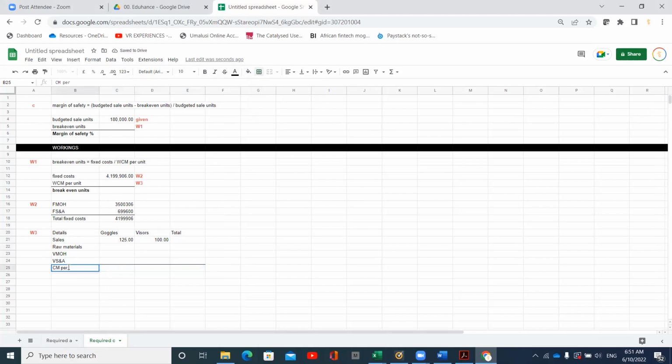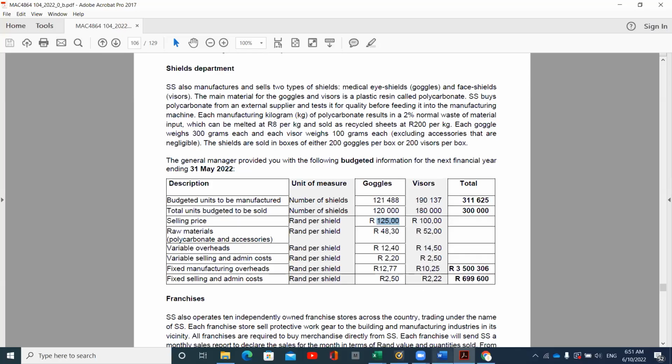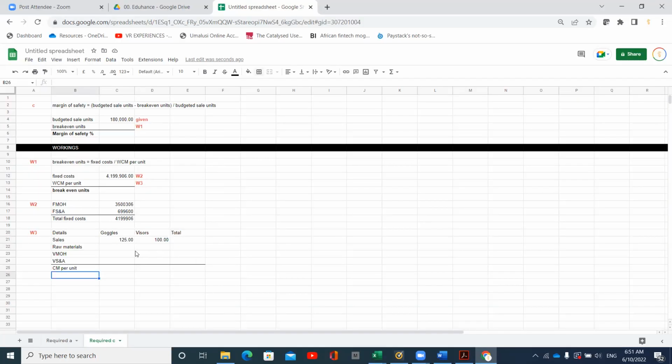Contribution margin per unit. Raw materials are 48.30 and 52, so minus 48.30 and minus 52.